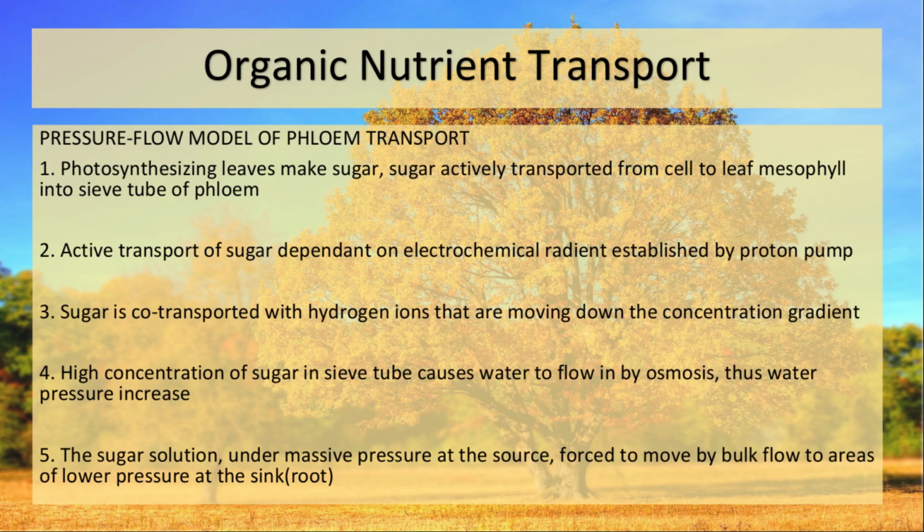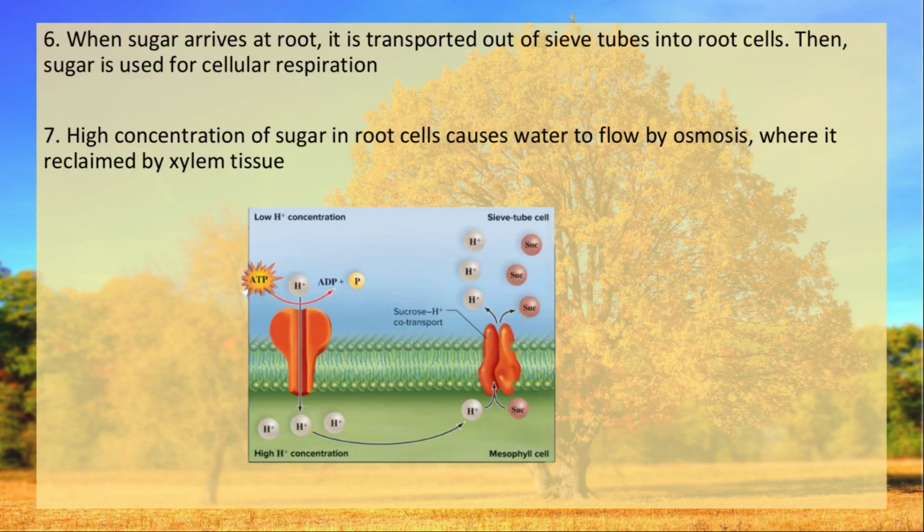When the sugar is pumped into the sieve tube, the concentration of sugar increases, right? When the concentration of sugar increases, water in the xylem enters the sieve tube by osmosis. This results in the pressure in the sieve tube increasing. When the pressure increases, it forces the sucrose solution in the sieve tube to move to regions with lower pressure, such as the roots. When the sugar arrives at the root, it is transported out of the sieve tube into the root cells.